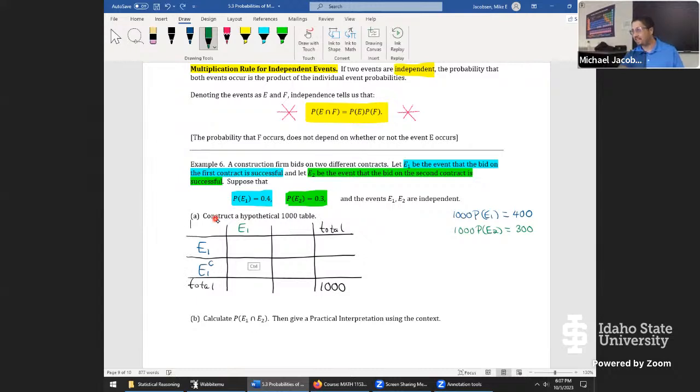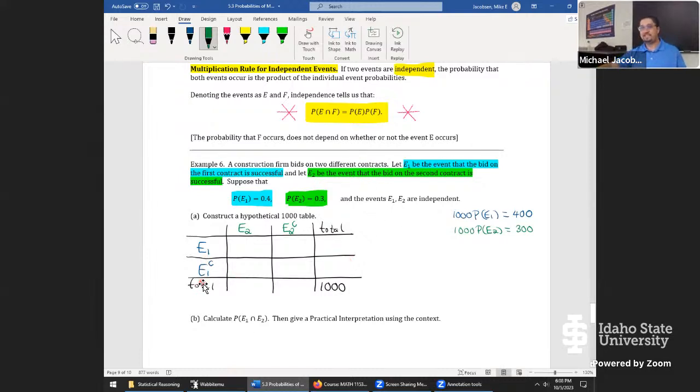Or excuse me, let me try again. E2 means they won the second contract. E2 complement means they lost the second contract. Geez, those 1s and 2s on E1, E2, they kind of mix me up. I'm probably not going to write a question that goes that way. Me alone, I don't like the subscripts in this kind of problem, but it is what it is.